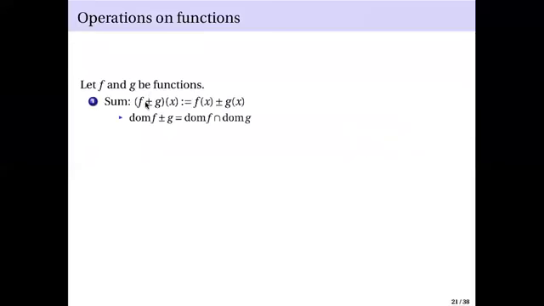So it's f plus or minus g of x. This is f of x plus or minus g of x. So the function f plus g, or the function f minus g, with variable x, it's just the function that is obtained when you add or subtract the function f of x and g of x.